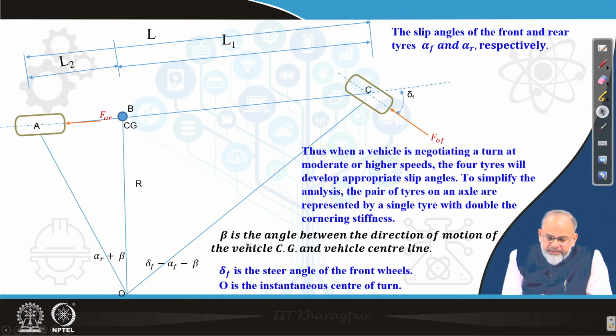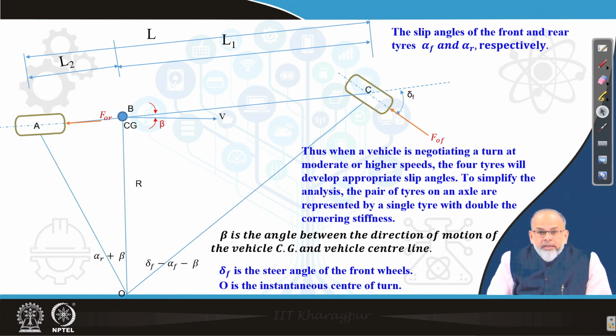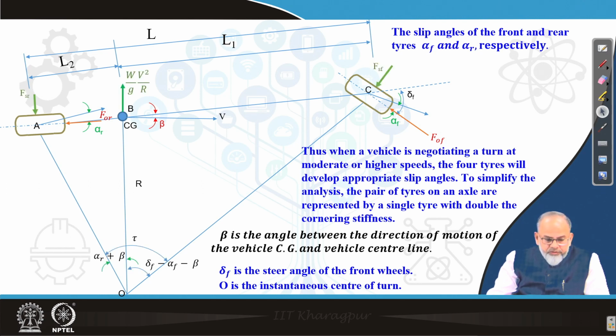And beta, I said, is the angle between the direction of motion of the vehicle CG and the vehicle center line. Delta F is the steer angle of the front wheels, and O is the instantaneous center of turn. So, I have indicated those forces.